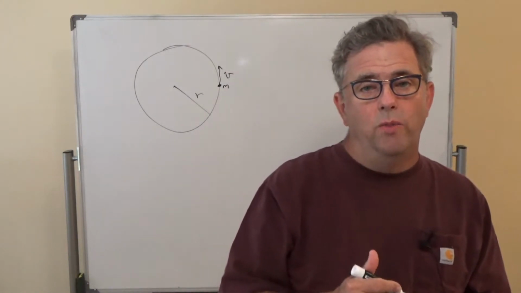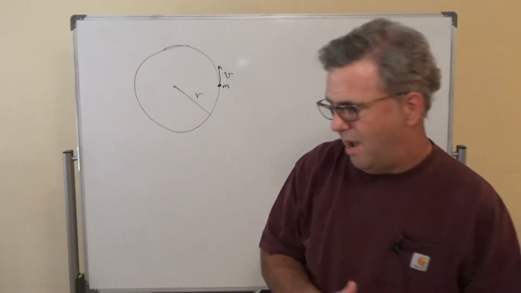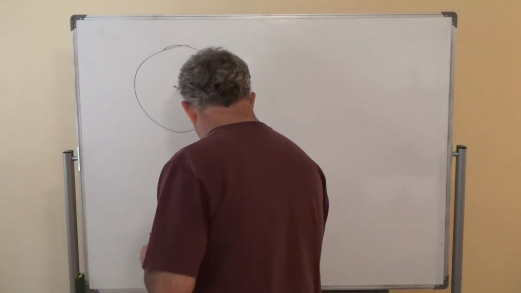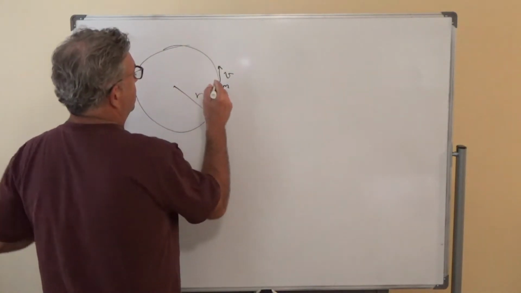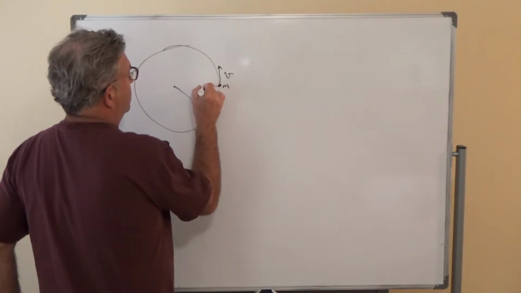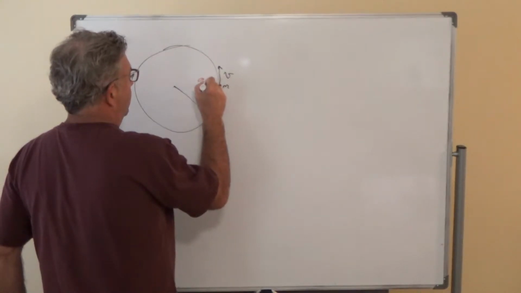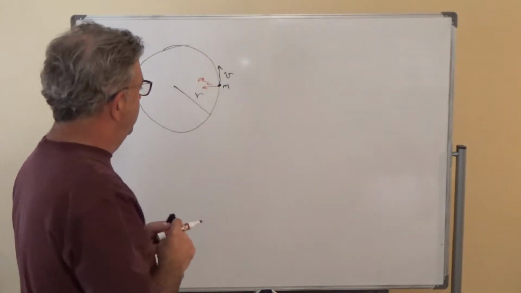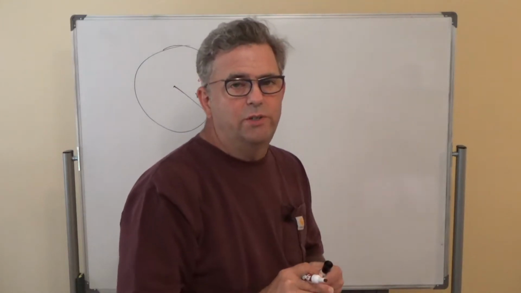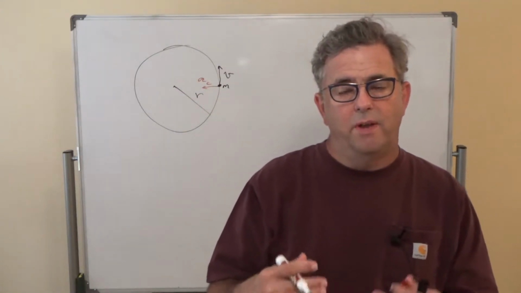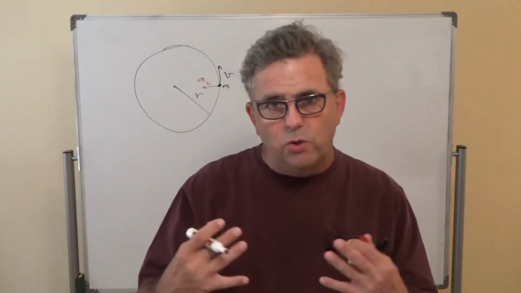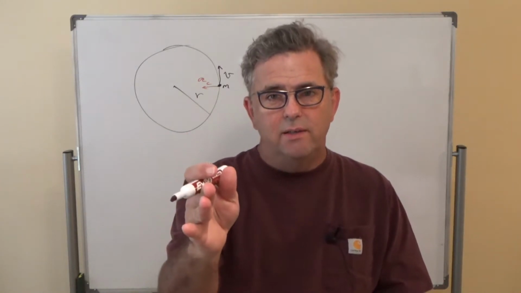We already know that the acceleration of the object is in this direction towards the center. That's a_c, the centripetal acceleration. By the first law, the object would naturally want to go straight.